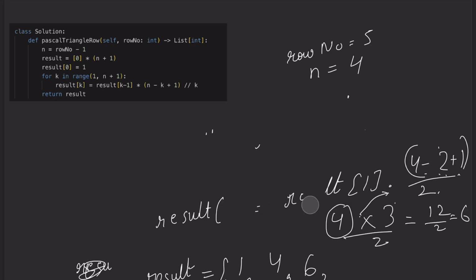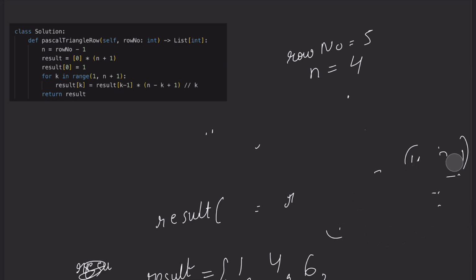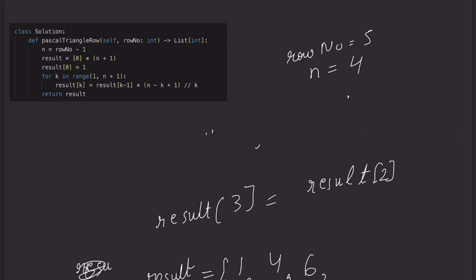Then result of 3 is calculated as result of 2 times 4 minus 3 plus 1, upon k, which is 3.